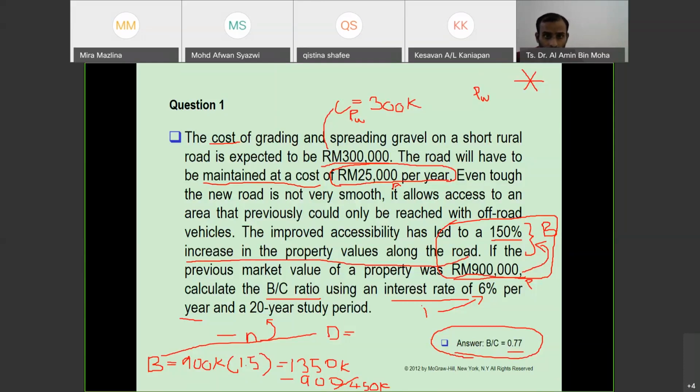So 300 plus the value here that you have changed to P. By doing that, you're going to get 0.77.